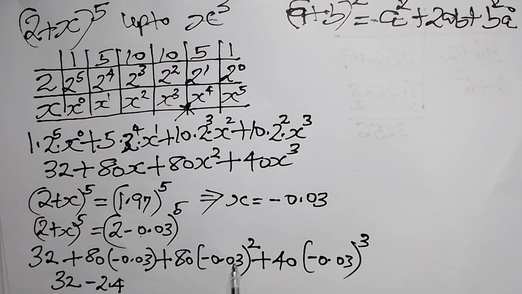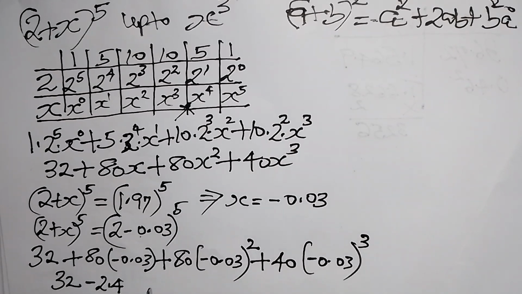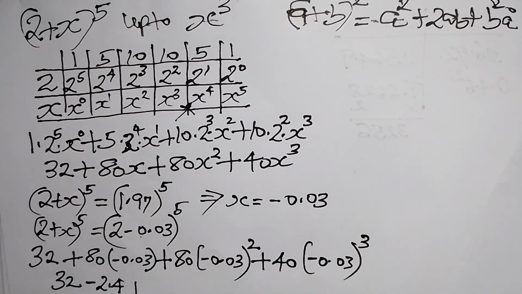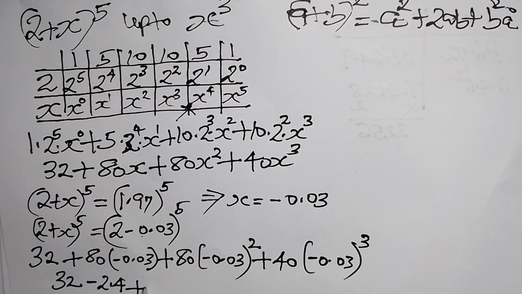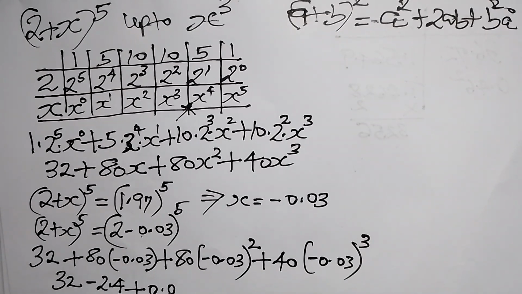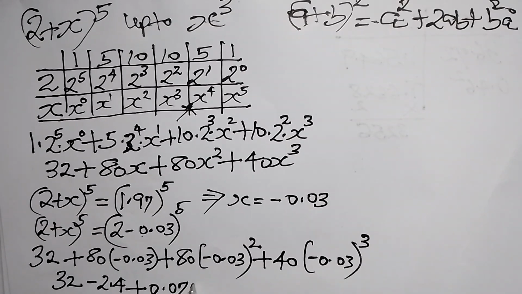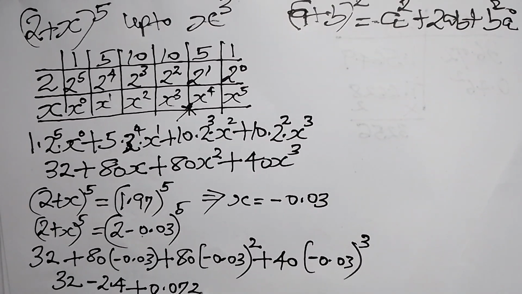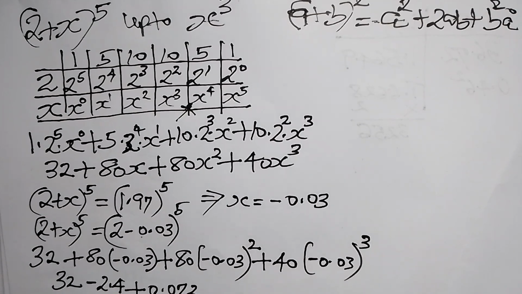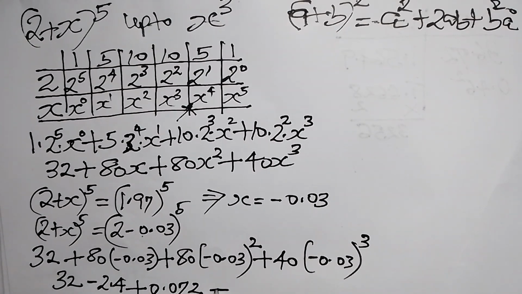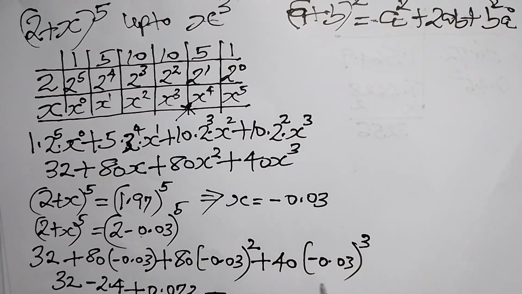When you multiply this value by 80, you'll get plus 0.072. When you cube a negative value, you're going to get a negative value.